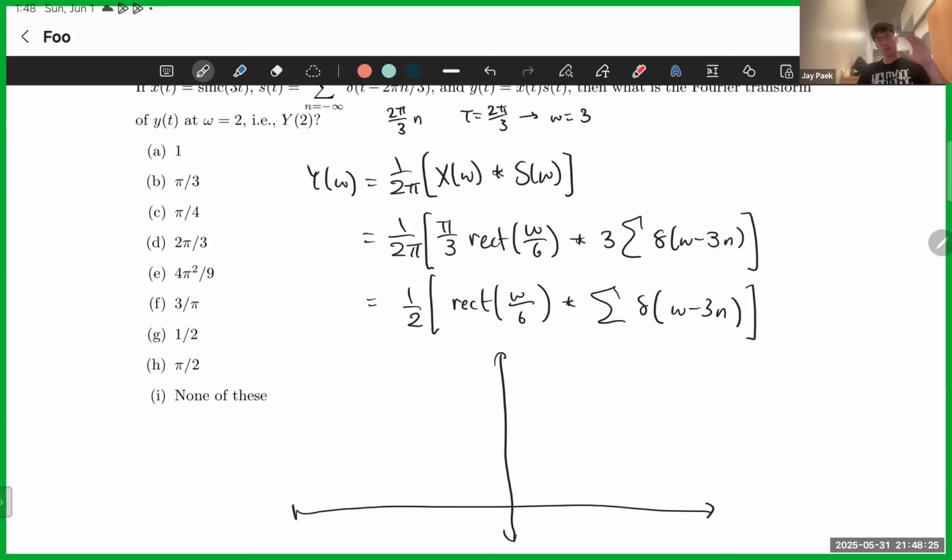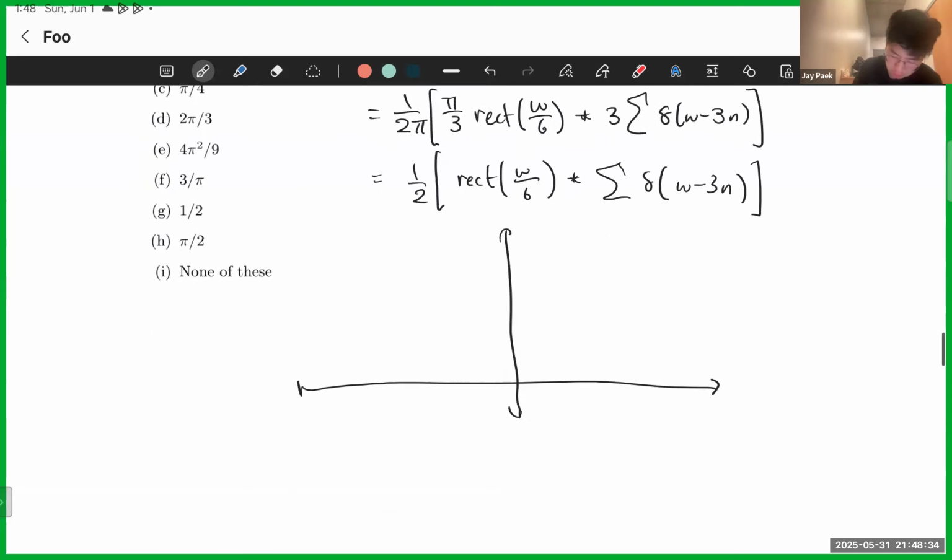I have rect functions of length 6 that are placed 3 apart. And so I will actually just draw some out.